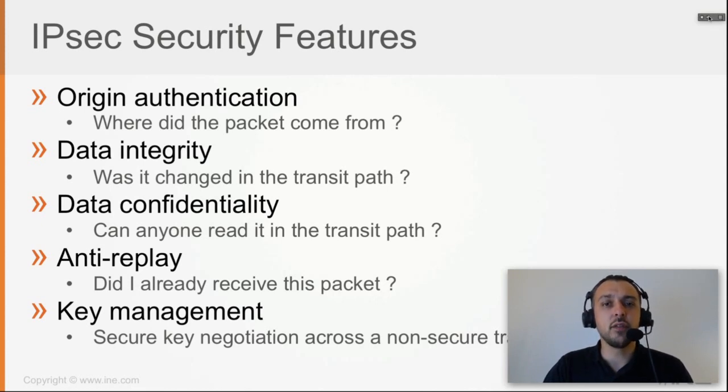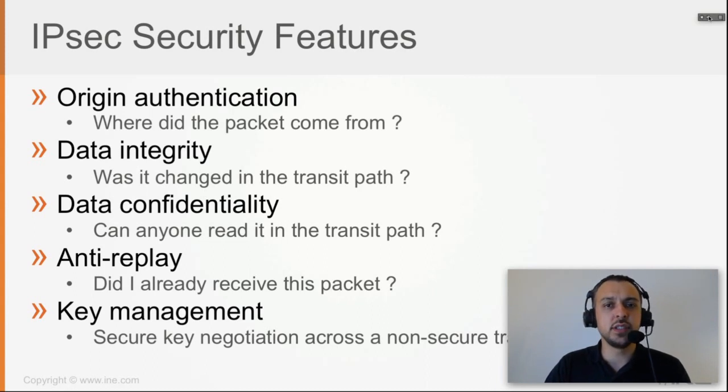But to provide all of those functions, like origin authentication, integrity, and confidentiality, which means encryption and hashing and private and public keys, which we're going to speak about next, the VPN gateways, or the remote user and the VPN gateway, need to somehow end up with some secure keys to encrypt the traffic and to use as the seed input value in the hash-based HMAC version of the hashing algorithms.